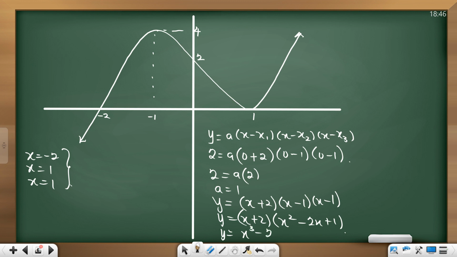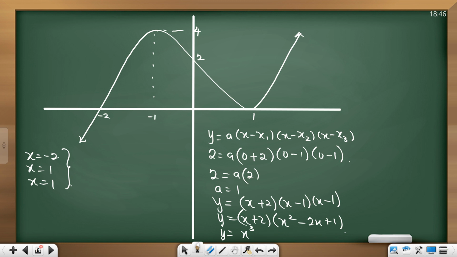x cubed... What's the answer again? x cubed? Yes. I'm wondering, what are you telling me?